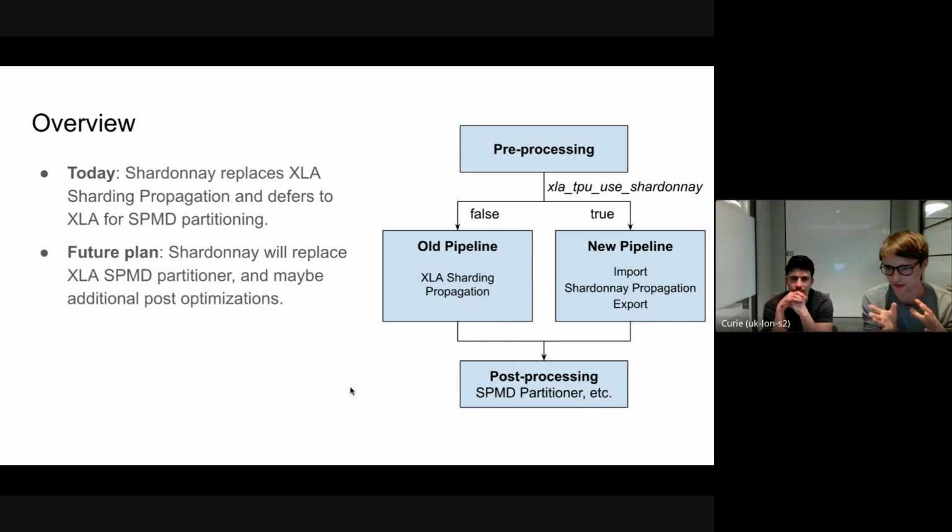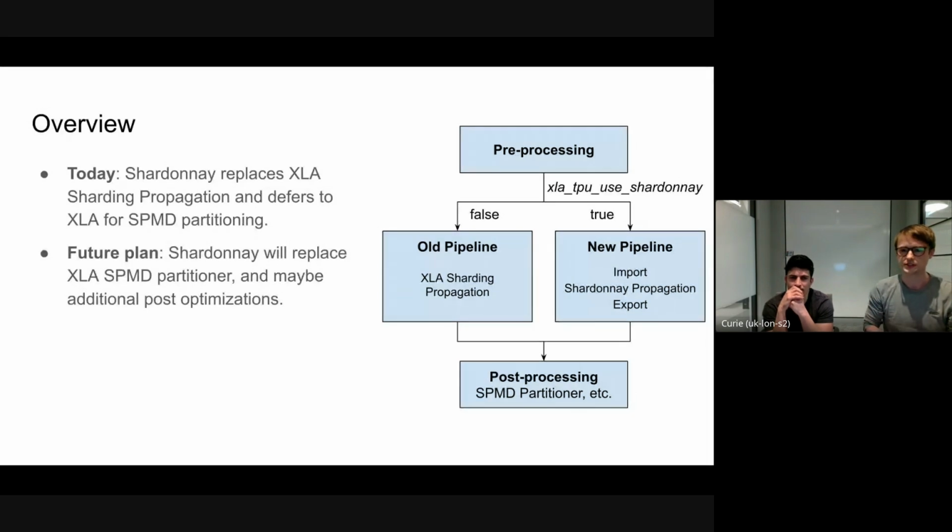We're focusing on the propagation part, which is the most user-facing part and what users care about the most. But in future, we'll also want to replace the actual partitioning logic with a new pass in MLIR, so that we have an end-to-end MLIR partitioning setup. Currently we implement that behind a flag, which allows you to try out the new partitioner, although this is not yet open source.